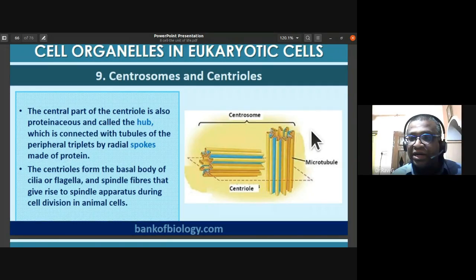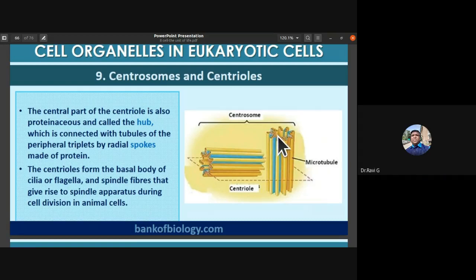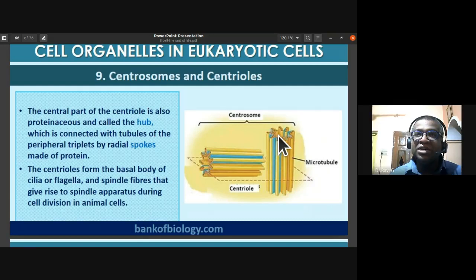The hub is connected with the tubules of the peripheral triplets by a radial spoke made of protein, similar to the central sheath being connected with the peripheral microtubules of the flagella by a radial spoke.